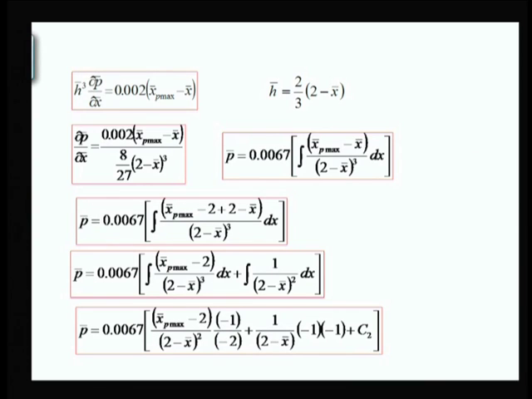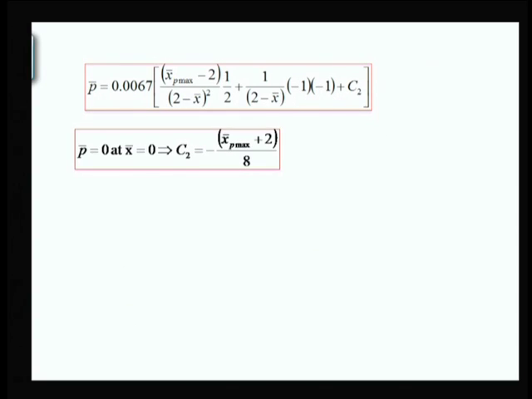Now, I can rearrange this equation, and this overall equation expresses pressure in terms of x bar. Rearrangement can be done. However, we have one value, x bar p max, which is not known to us.